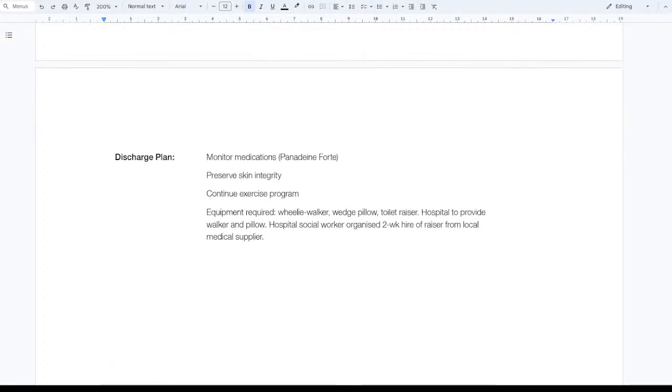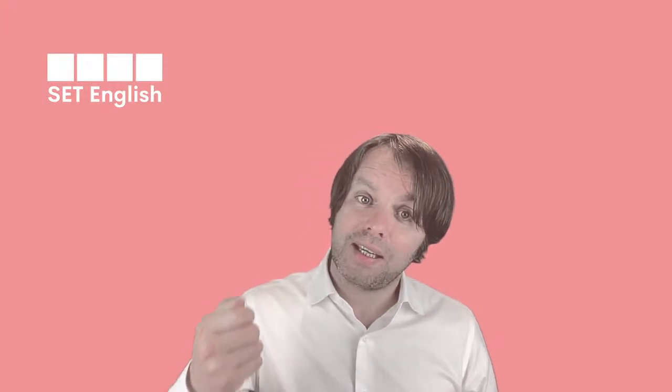Now, remember, to make an imperative, we need to start with the verb, okay? With the verb. And also remember, request paragraphs, we're asking the reader to do something.